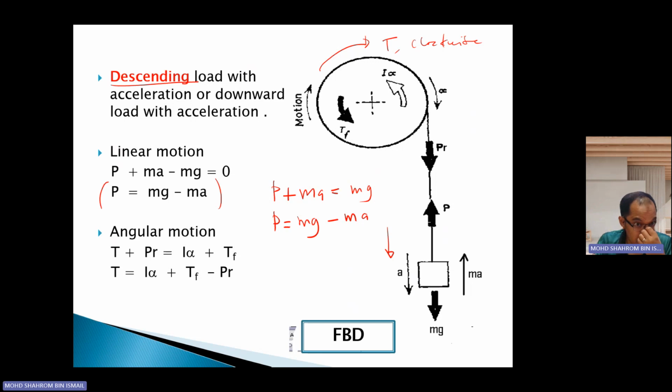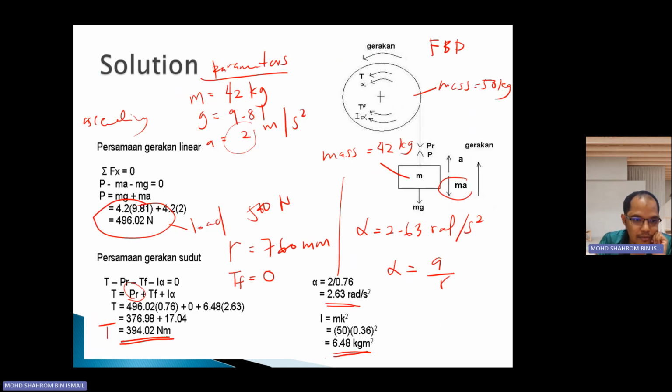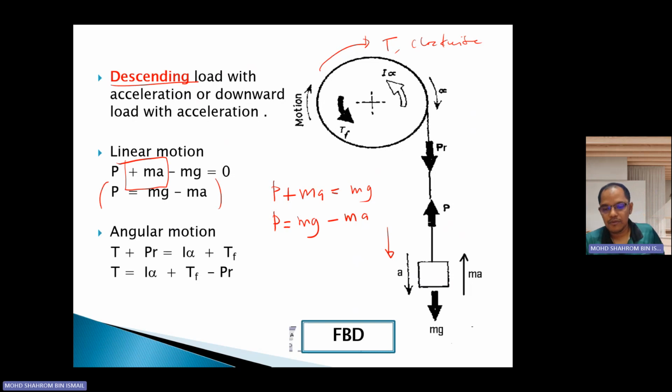That is what makes the difference, and it plays a vital role in the whole equilibrium of equations.